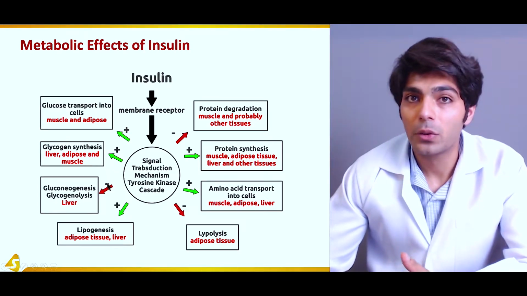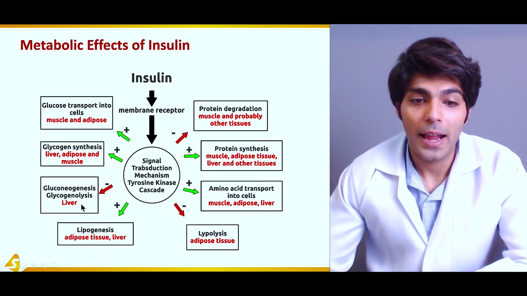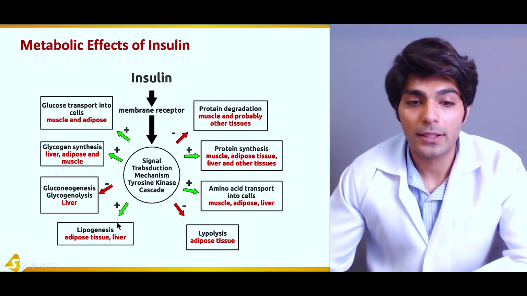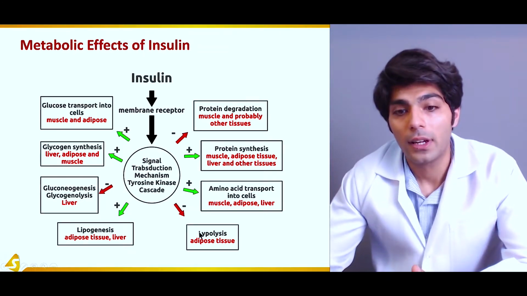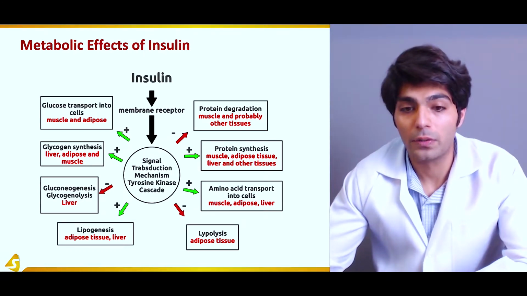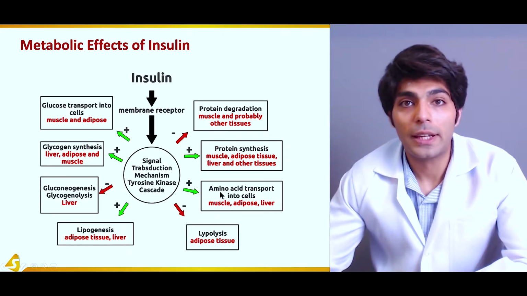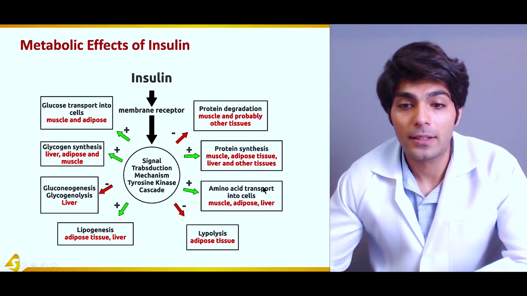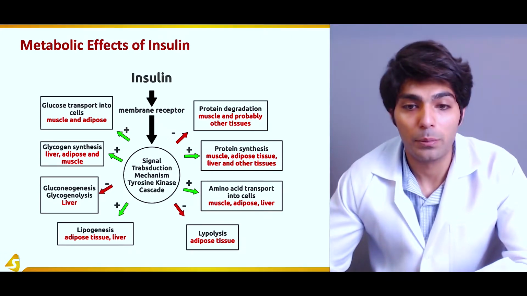It inhibits gluconeogenesis and glycogenolysis in the liver, activates lipogenesis in the adipose tissue and liver, inhibits lipolysis, and inhibits the oxidation of fatty acids in the adipose tissue. Then there is amino acid transport into the muscles, the liver, and the adipose tissue.